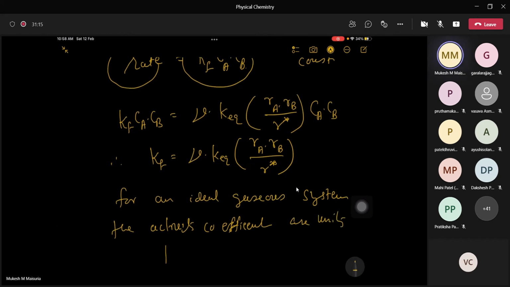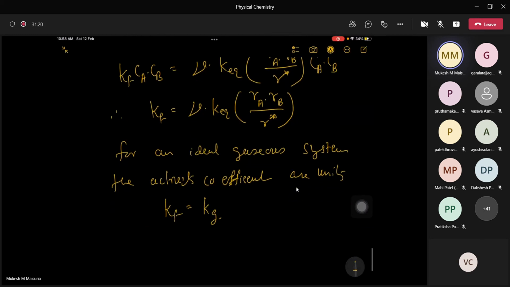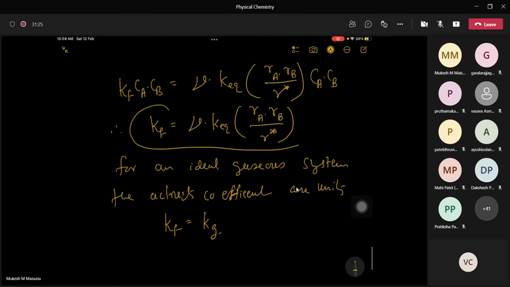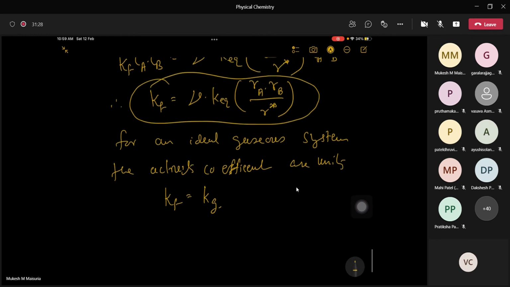So we can write that this Kf is equal to Kg for gaseous system. So if we consider an ideal gas system, then the activity coefficient will be equal to unity, so the equation becomes Kg is equal to nu into K equilibrium.